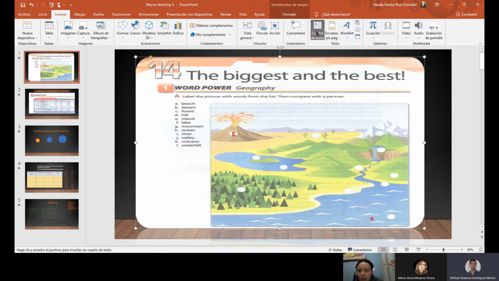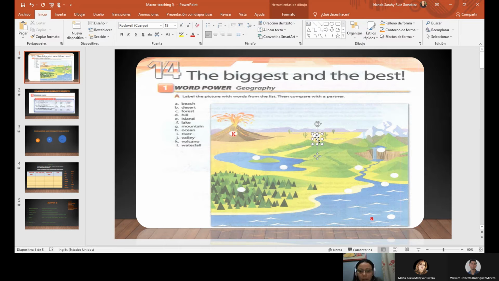And do you agree with me if I put the letter B here? Can you give me an example, please? What is a desert? For example, the Sahara Desert. It's an example of a desert, the Sahara. Yes, now I understand better.